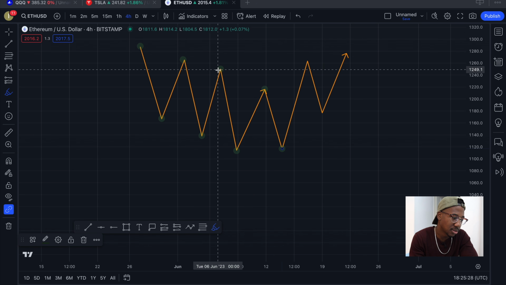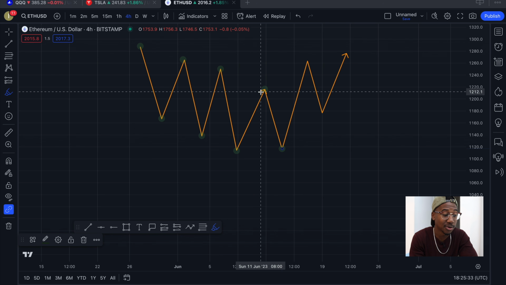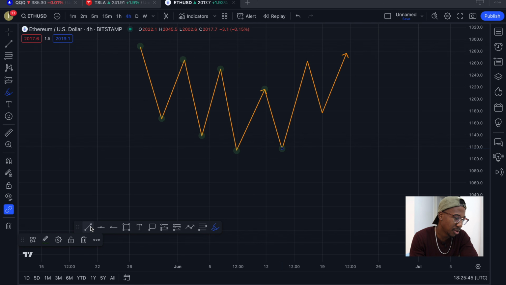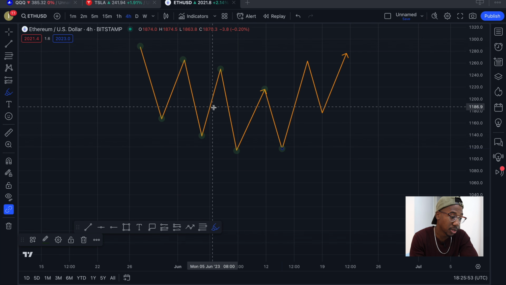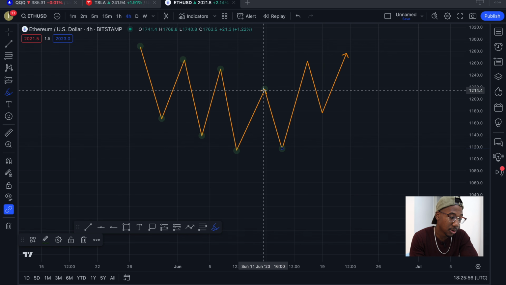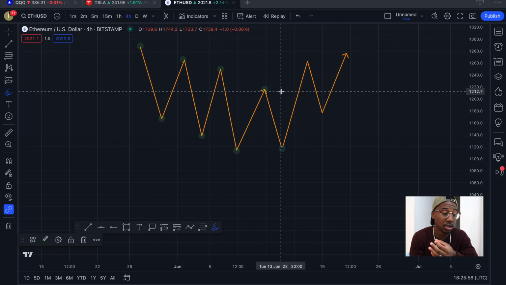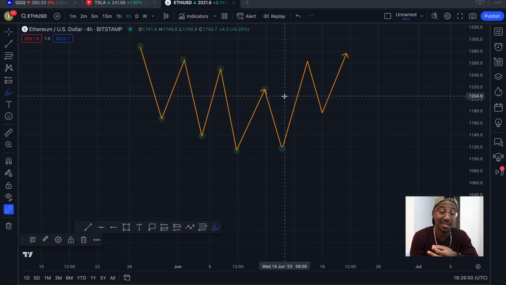Now right here, you can see we had highs getting lower, but now it actually breaks above the high. What this is referred to as is a change of character, because right here, the character of the chart is changing. We're in a downtrend going here. Right here at this level, it is breaking above the last high and changing the character.